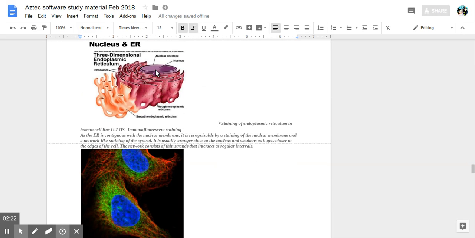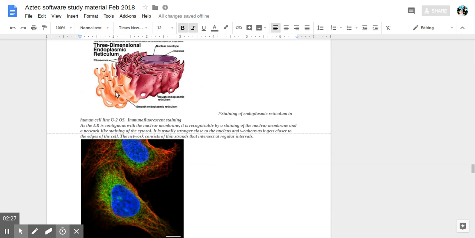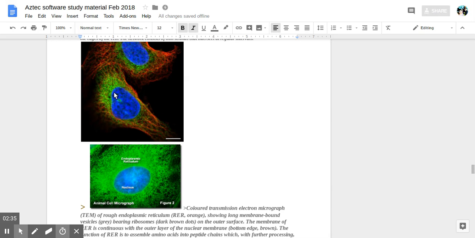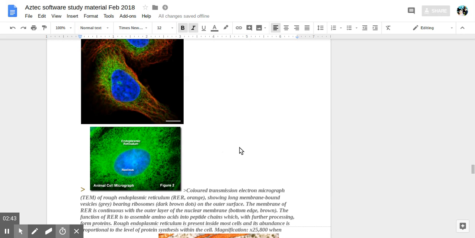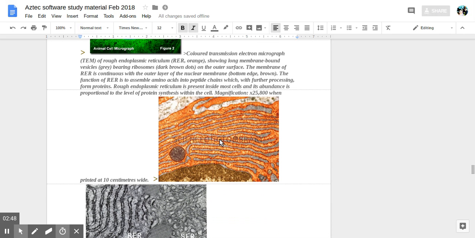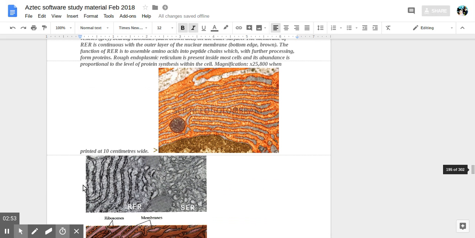The endoplasmic reticulum starts at the outer edge of the membrane of the nucleus and goes outward, the rough and the smooth, and so on. You have here staining of the nucleus and the surrounding ER. Here you see this as well: the rough ER, the smooth ER, and what the folds look like.